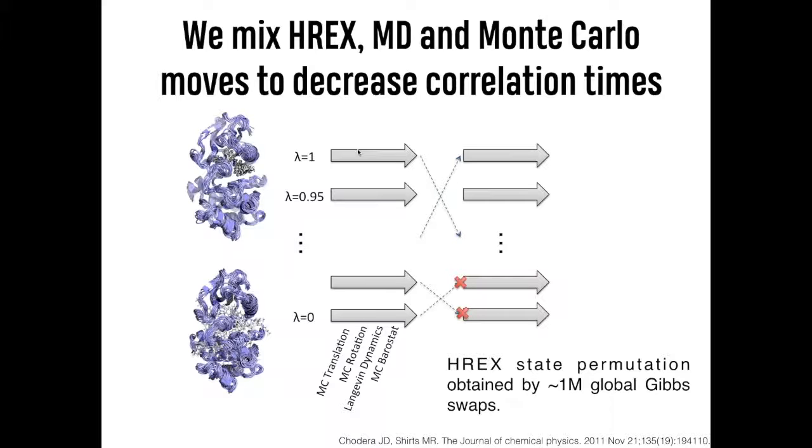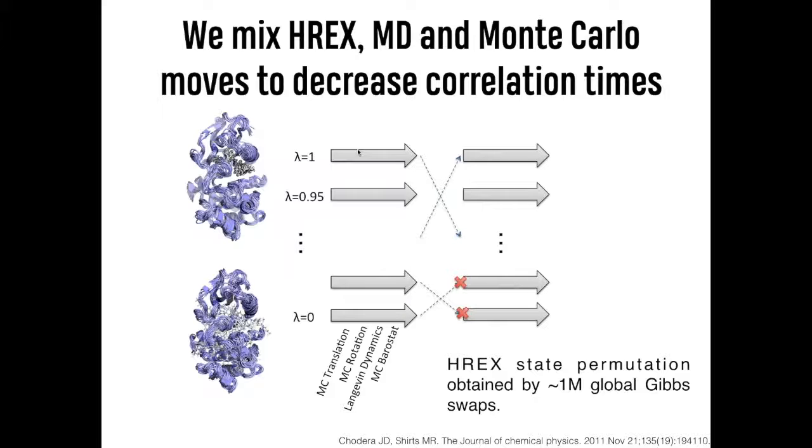To accelerate the propagation, we use Hamiltonian replica exchange, and we mix molecular dynamics and Monte Carlo moves. So this is our typical protocol. We perform a Monte Carlo translation of the guest, a rigid translation, and a rigid Monte Carlo rotation of the guest. We perform 500 steps, 2 femtosecond steps, so 1 picosecond of Langevin dynamics and Monte Carlo barostat.